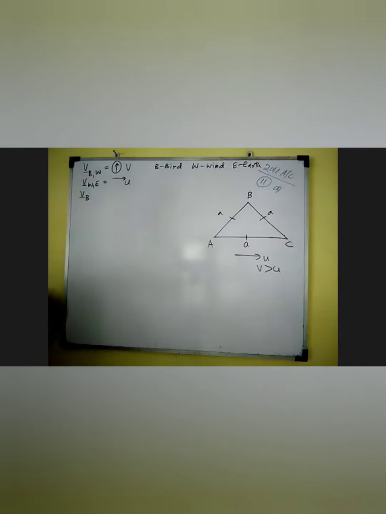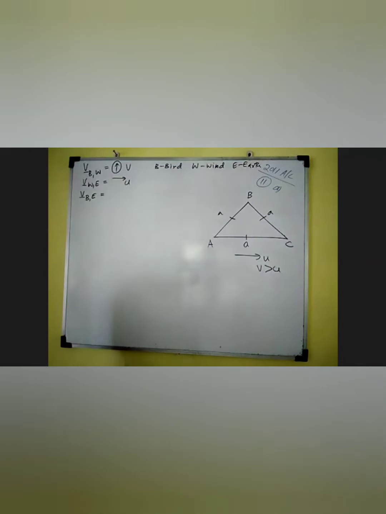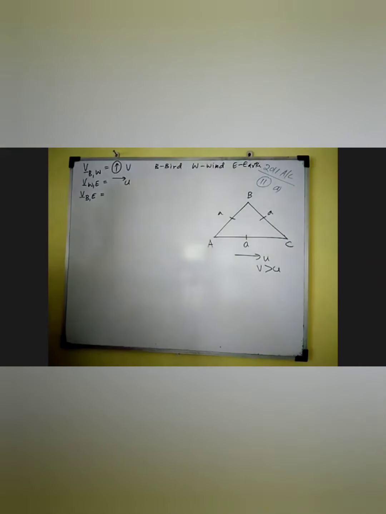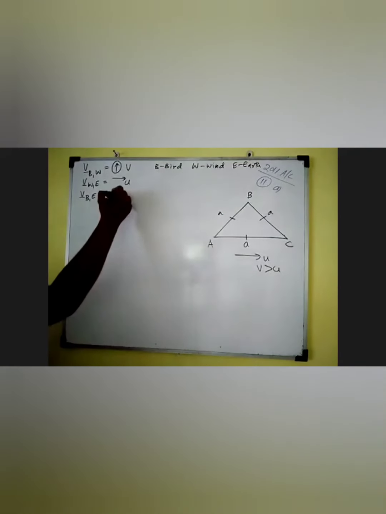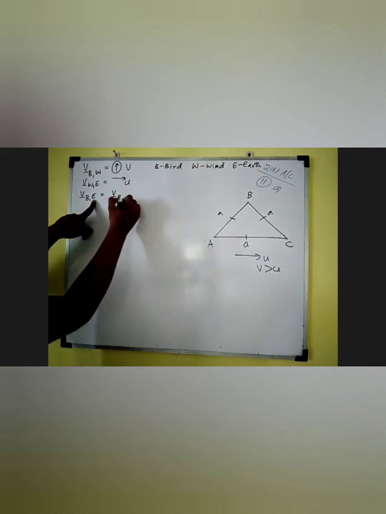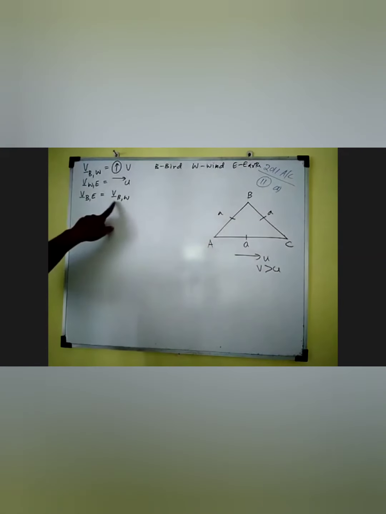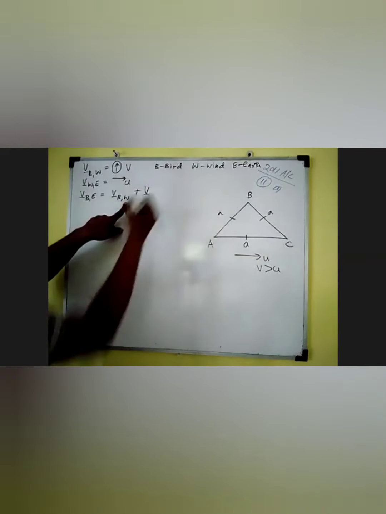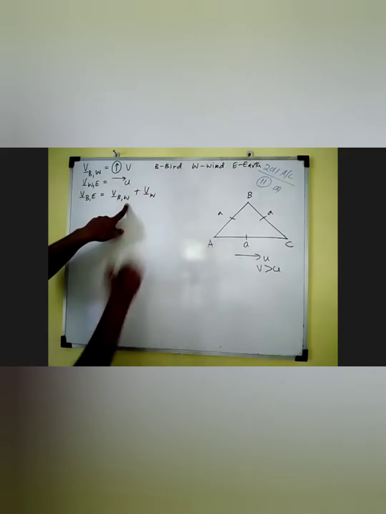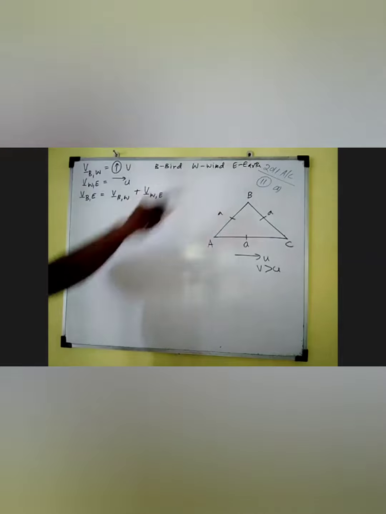The velocity of bird relative to earth equals the velocity of bird relative to wind plus the velocity of wind relative to earth. In between B and E, we have to put the third letter, W.